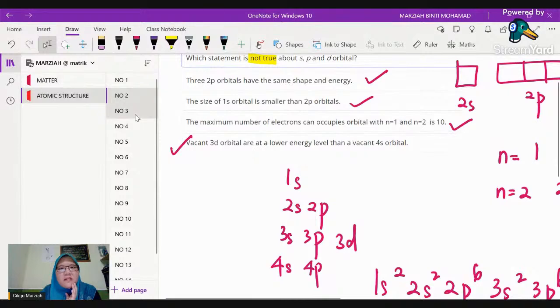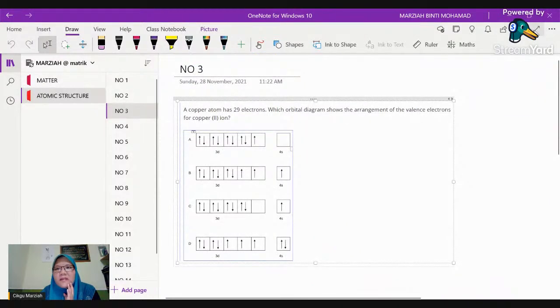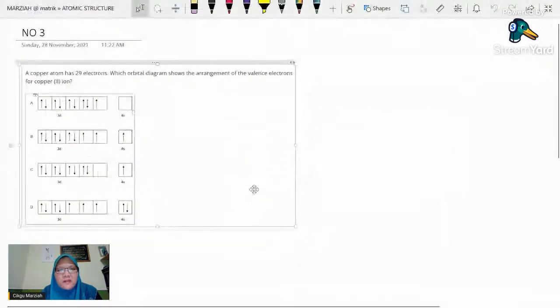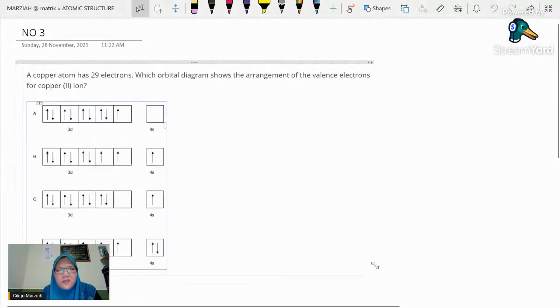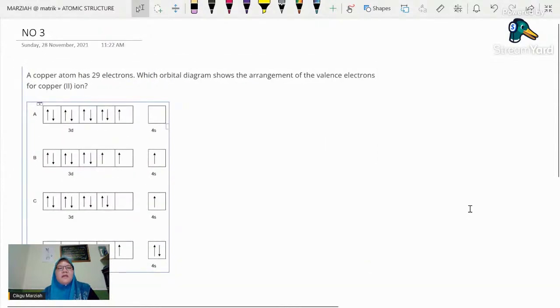Let's look at number 3. Number 3 regarding what? Okay, saya enlargekan dia punya diagram dulu. Dia kata, copper atom has 29 electron. Which orbital diagram show the arrangement of the valence electron of copper 2 ion?